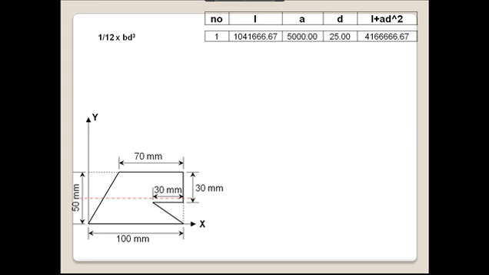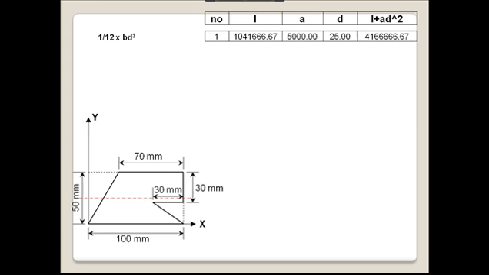And the next column is D, which is the distance between two axes: one, the red axis, that is the rectangle's own centroidal axis, and second, the x-axis, that is the axis of interest. So the distance between these two axes is 25, 50 by 2.